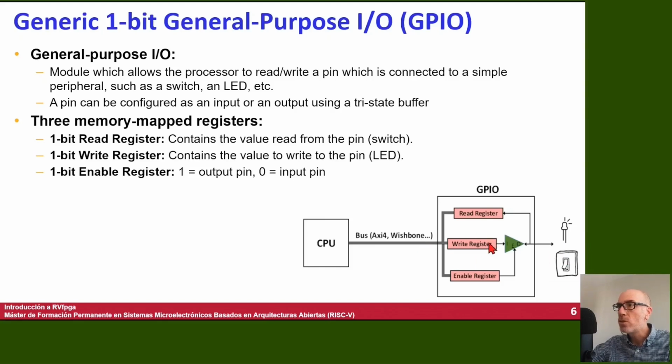There's also a write register, which holds the data to be written to the device. For an LED, the write register determines if it's on or off. A 1 means on and a 0 means off. Again, the CPU can write to this register, controlling the LED's state.